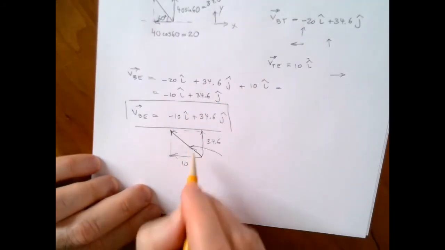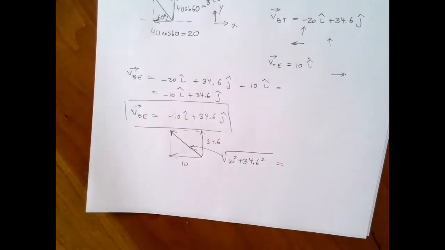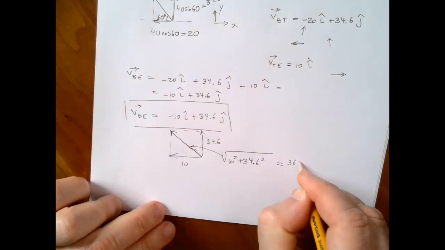So this vector here will be the square root of 10 squared plus 34.6 squared, which is equal to the square root of 34.6 squared plus 100. I get about 36 meters per second.